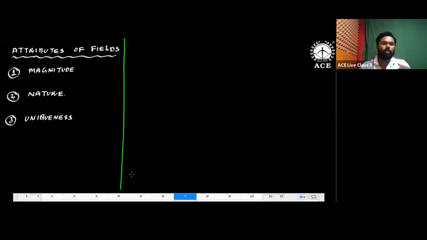So if you want to know the fields, you should know these three things: magnitude, nature, and then uniqueness. These three things can be done with the help of what is called vector calculus.